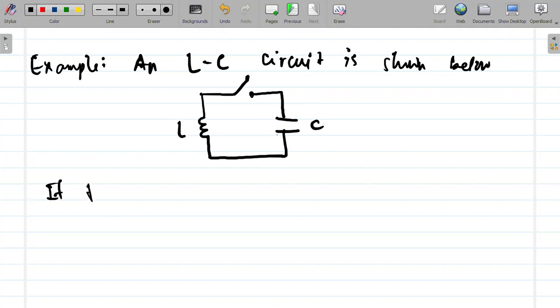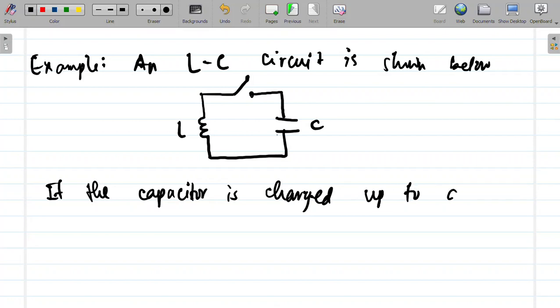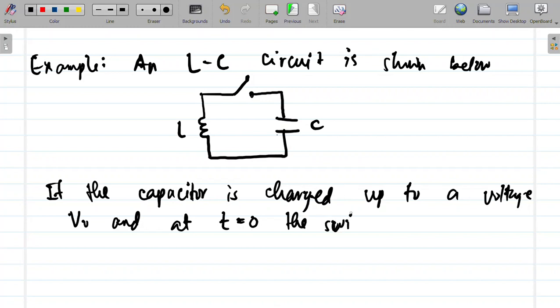Now, if the capacitor is charged up to a voltage V0, and at time t equals 0, the switch is closed, then the circuit becomes closed and current will flow.